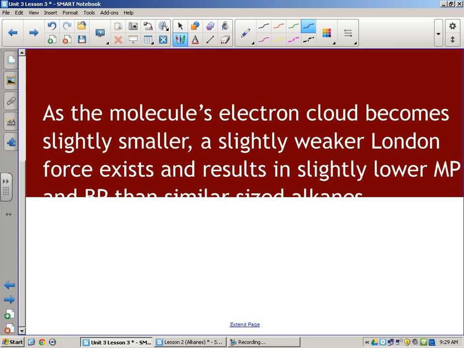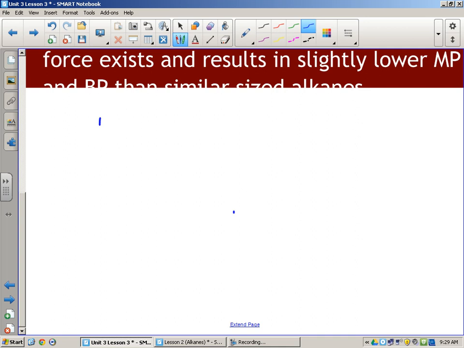Okay, so what they're basically saying here is, for example, if you had pentane and let's say pent-1-ene, out of the 2 of these, I would expect the pentane to have a higher melting and boiling point. Out of the 2 of these, this one would be stronger.